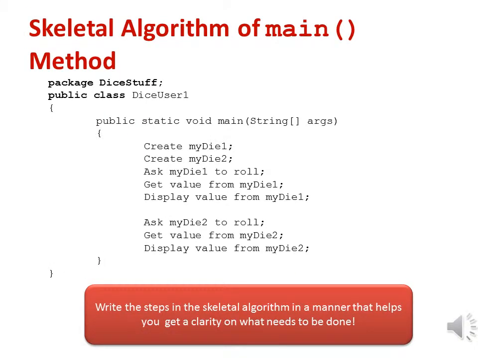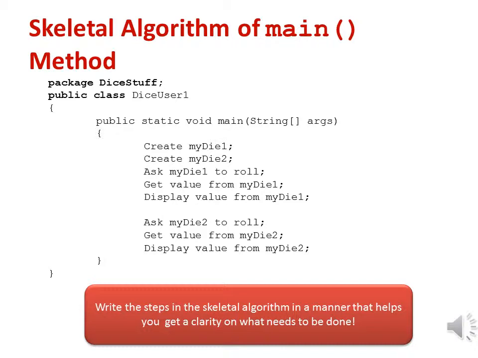We need to write the main method and place it inside a public class called DiceUser1. Instead of attempting to write the Java statements to perform the tasks of the problem, I urge you to write the skeletal algorithm first. Write the steps in the skeletal algorithm in a manner that helps you get clarity in what needs to be done.